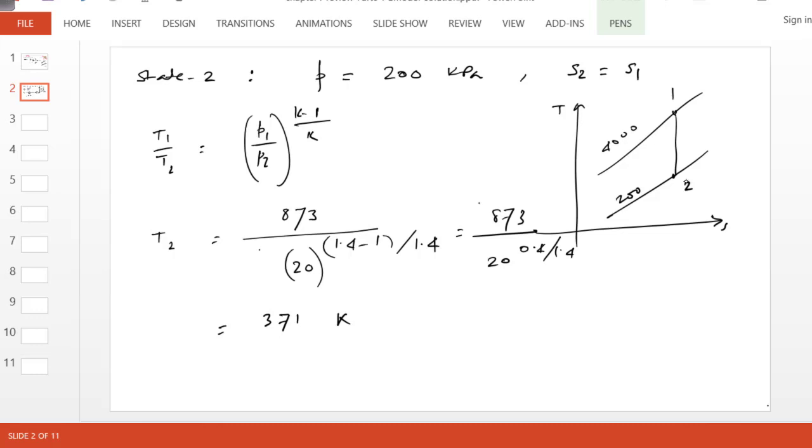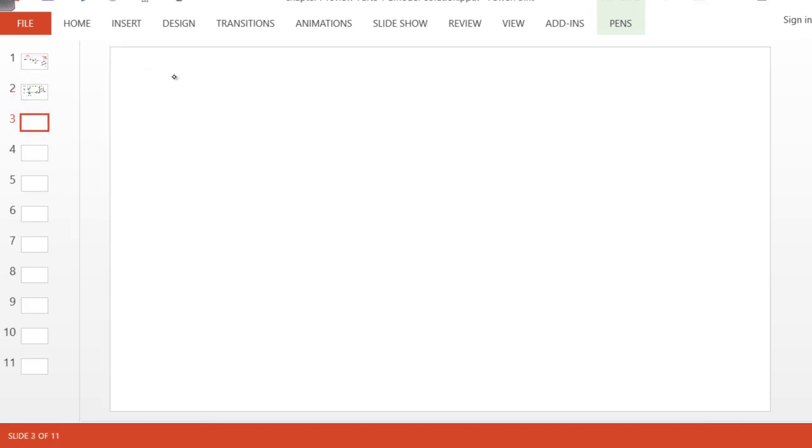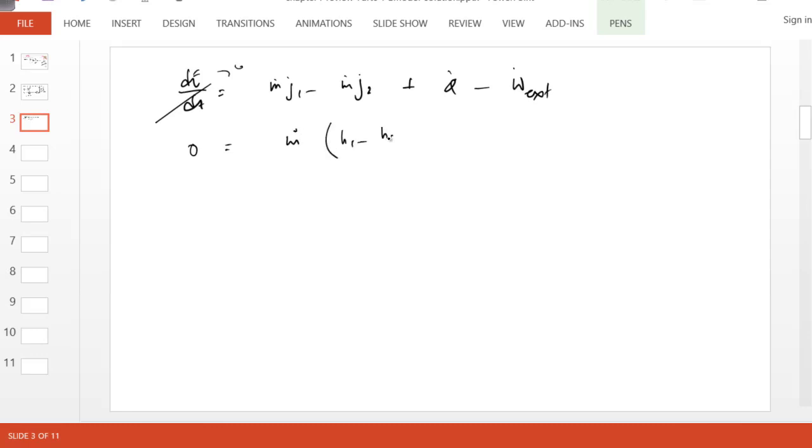State 1 temperature is given, state 2 we've just calculated. So therefore, we can do an energy analysis for the turbine. dE/dt equals m dot J1 minus m dot J2 plus Q dot, right? So at steady state it is zero, and we are just writing J equals h, and W dot turbine is our ideal turbine. So let me write down ideal here to remind us that this is an isentropic turbine.